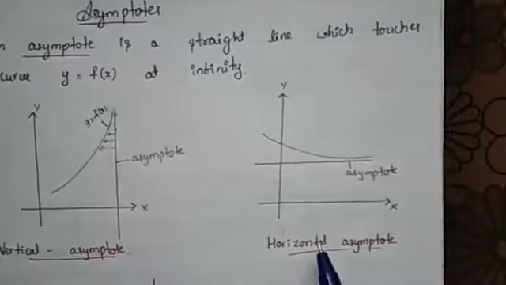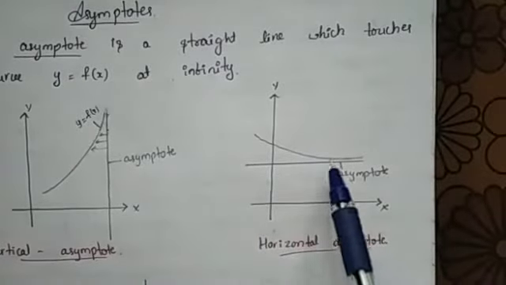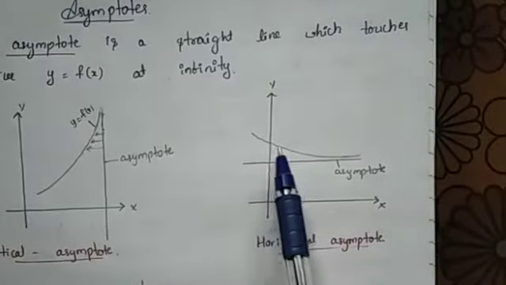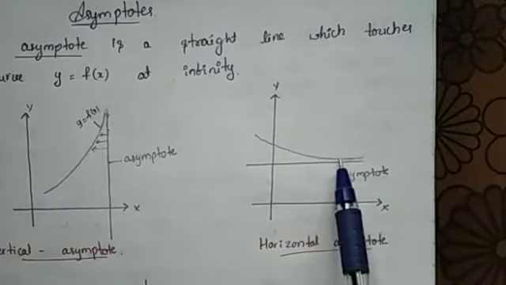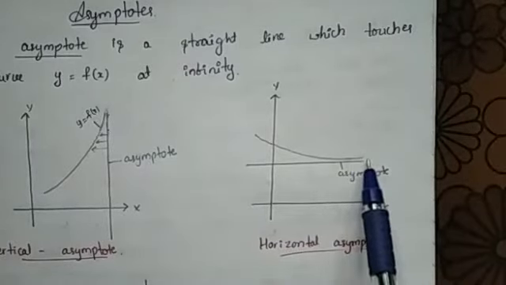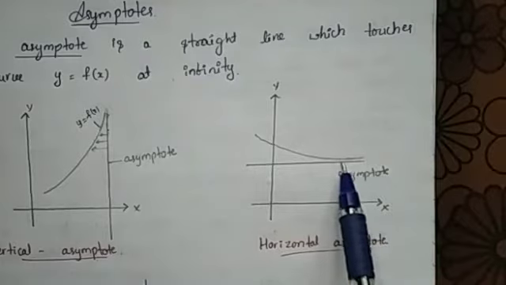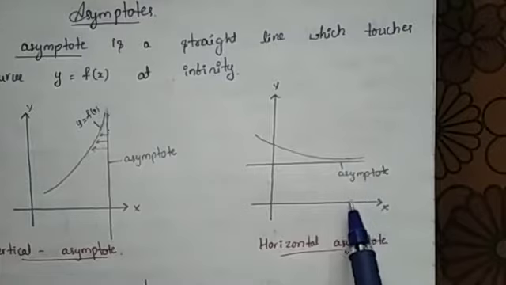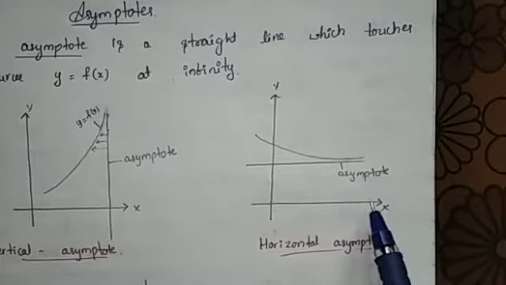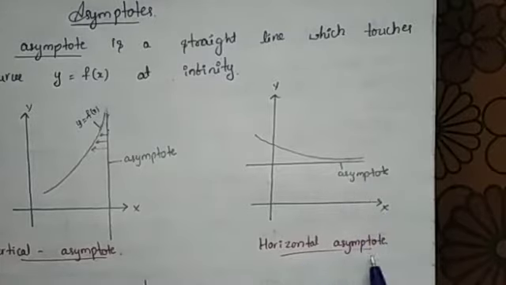And look here, in this figure, it is a straight line and this is a curve. This straight line touches this curve at infinity. At infinity, the straight line is called an asymptote. This asymptote is parallel to the x-axis. Then the asymptote is called a horizontal asymptote.